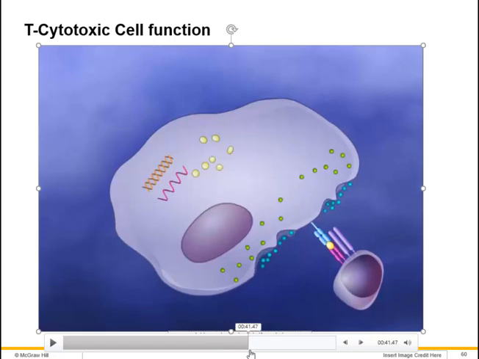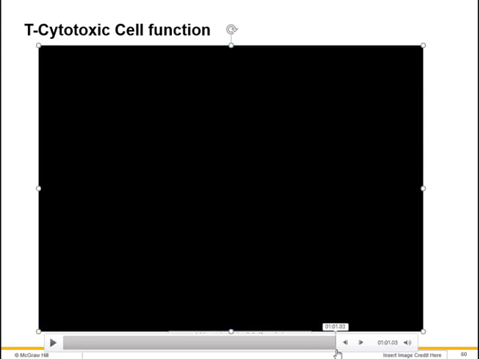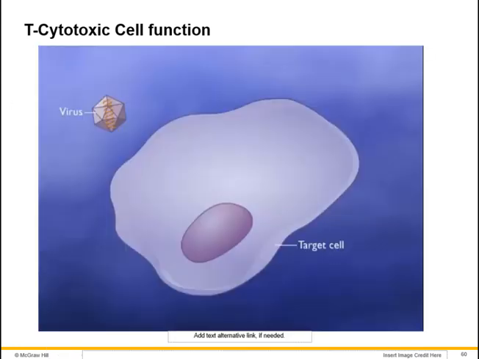And so perforins make it so that the granzymes can get in there and then they can kill off the cell. So perforins come first, then the granzymes. But they basically lyse the cell and then it goes away. So that is the cytotoxic T cell.